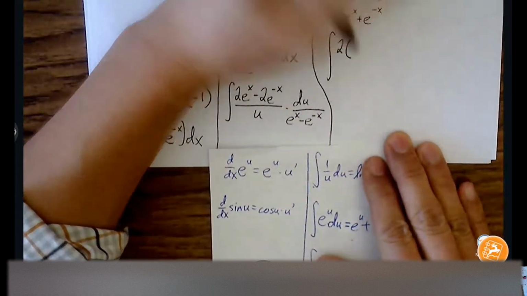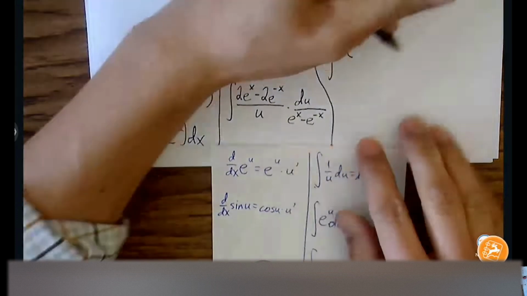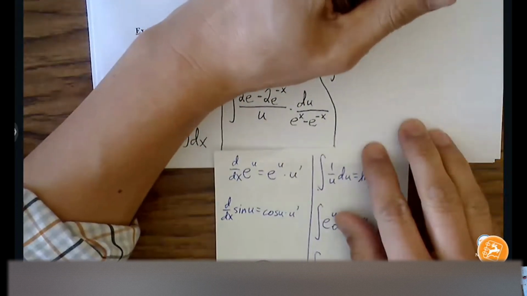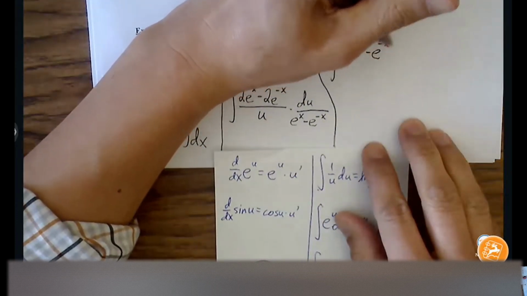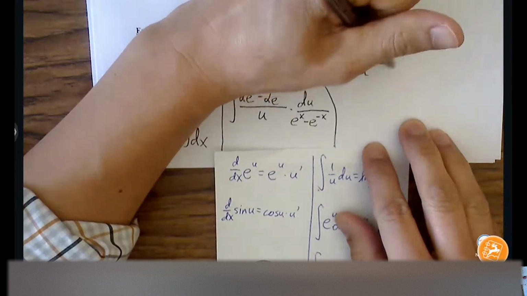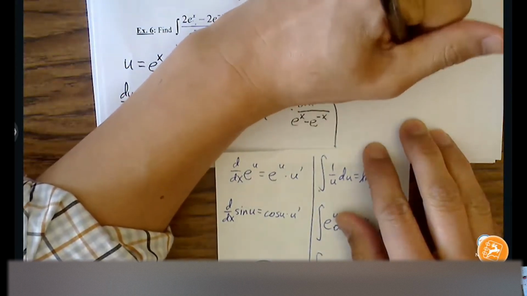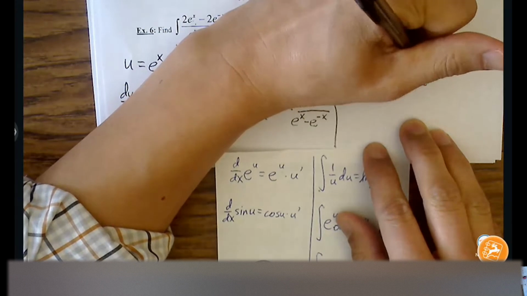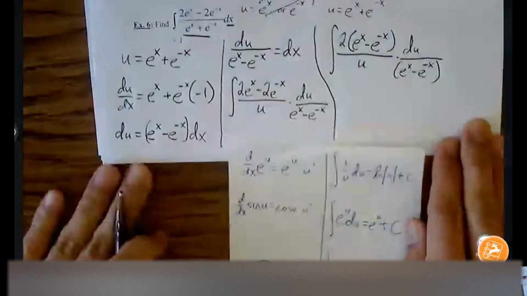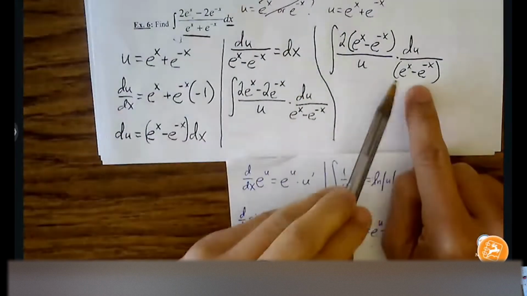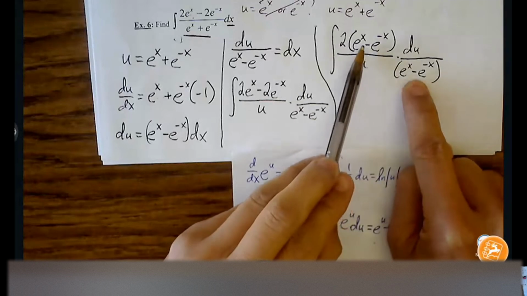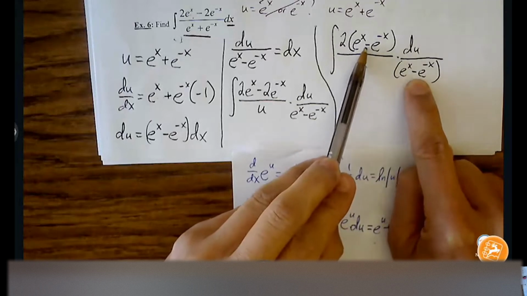So let's factor a 2 out of this numerator expression. Yeah, that change in sign is helpful, right? Now we're able to get that sign to match.